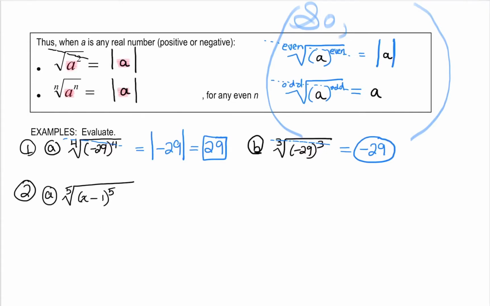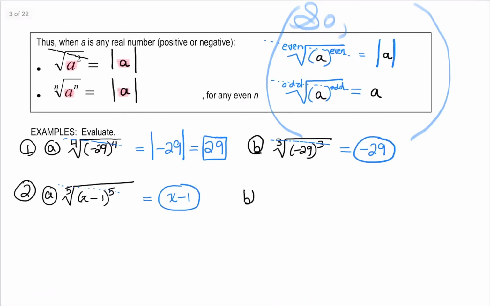But here you can't. So we just want to recognize that if I have the 5th root of a whole base raised to the 5th power, those two undo each other, and I just get back to that base, which in this case is x minus 1. Do I need absolute value bars? No, I do not, because we had an odd number there with that 5. So it's just x minus 1.